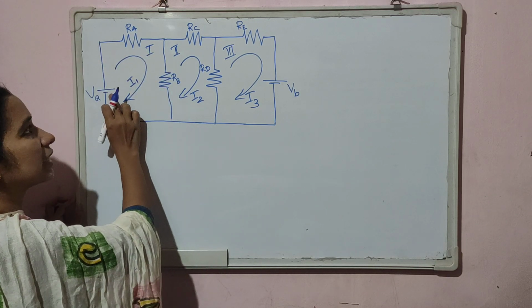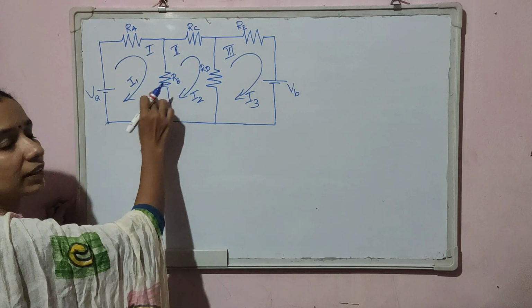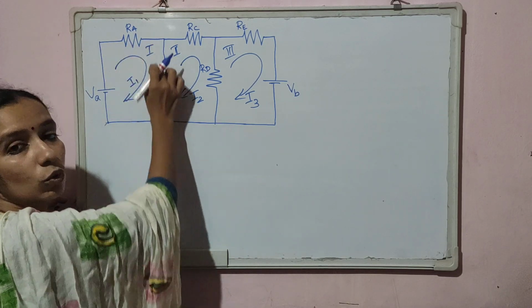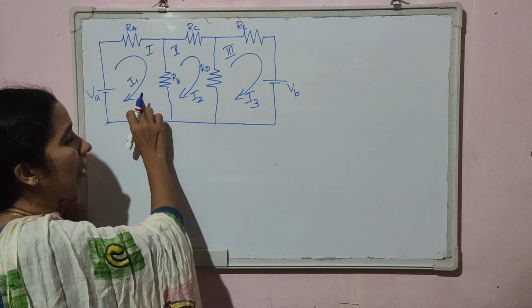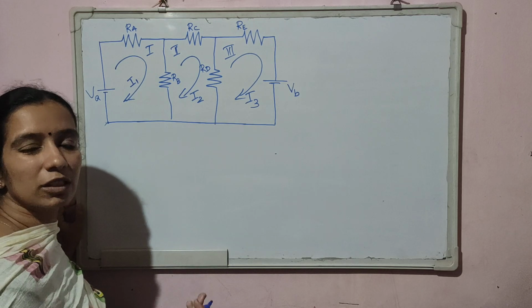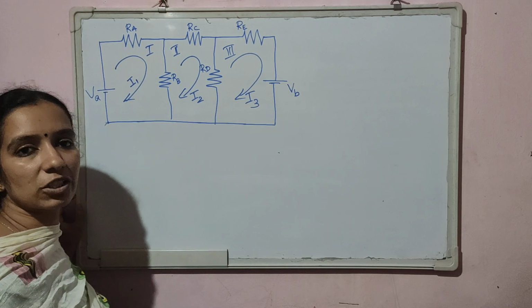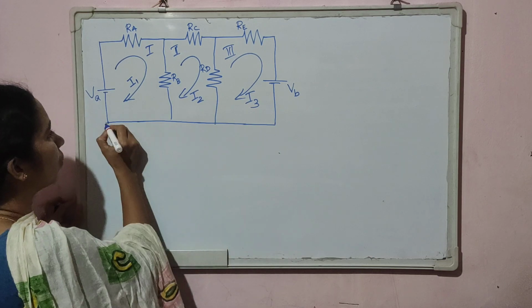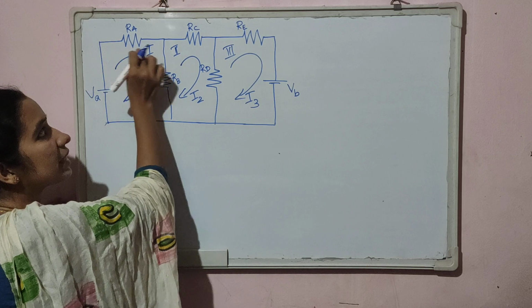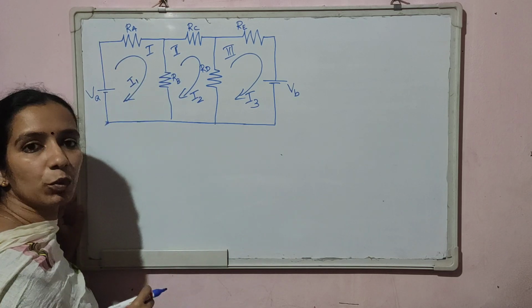If I am considering this voltage source first, then Ri and then Rb, then I am moving in the clockwise direction. After marking all the mesh currents, start to trace each of the meshes in any desired direction. I am going to trace this mesh 1 in the clockwise direction itself. Let us start from this particular point.